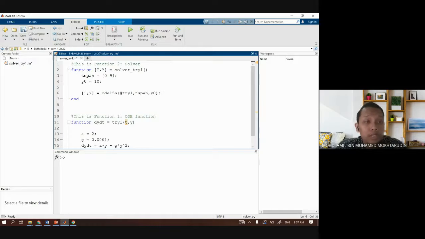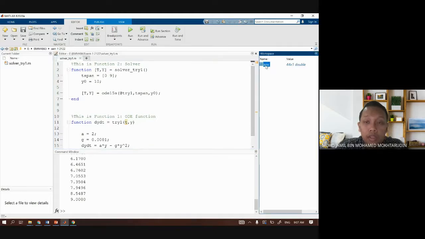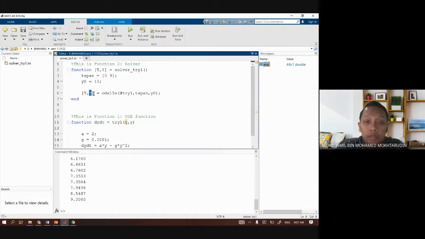Let's try saving this and run. When you run, you will get an answer here. The answer represents the value of y, so you can plot the value of y against time.